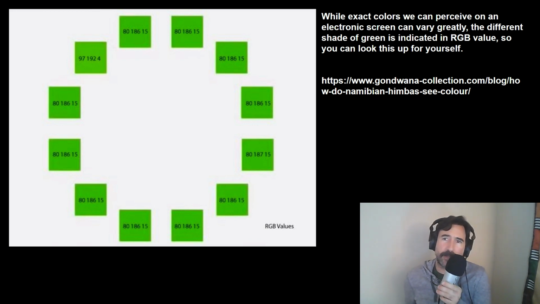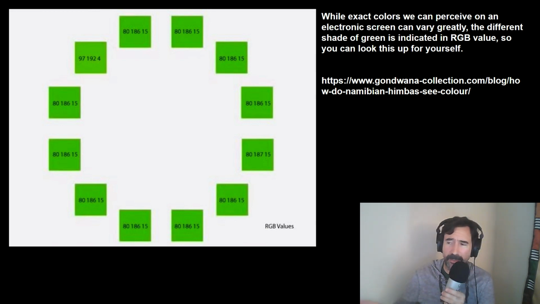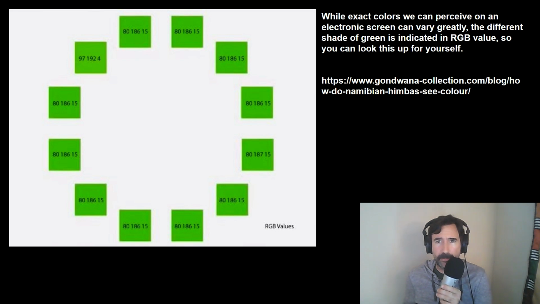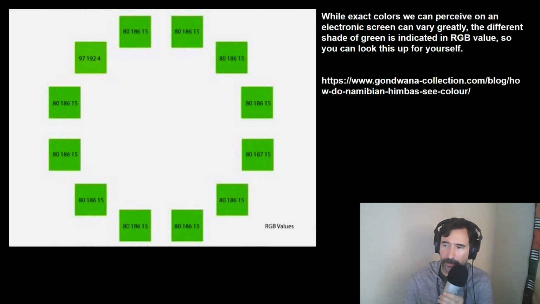The exact colors we can perceive on an electronic screen are going to be somewhat different, right? The different shade of green is indicated in the RGB value. So you can look this up for yourself, and here is the link to this study.